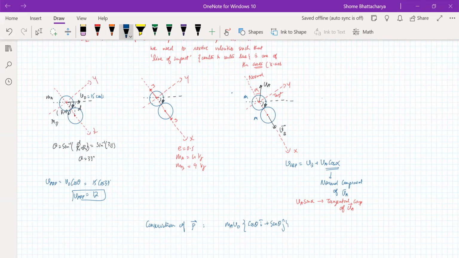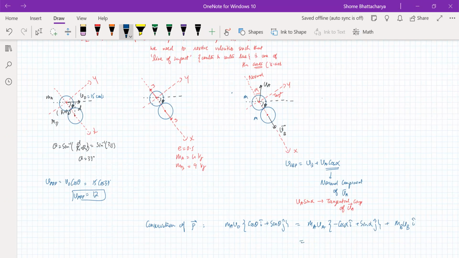This quantity should be equal to, in the final diagram, MA into VA into minus cos alpha i cap plus sin alpha j cap, plus B's momentum, which is now MB VB i cap.